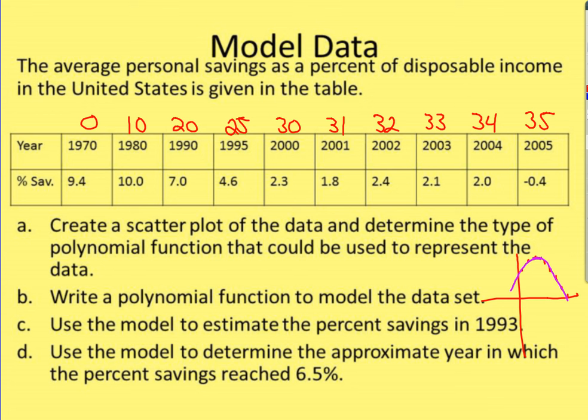You select list 1, comma, your list 2, comma, and then your Y1. So you would hit Vars, Y-Vars, select Function, and select your Y1. And then if you hit enter, it will give you a quadratic regression. It's going to be in the form of y equals ax squared plus bx plus c.